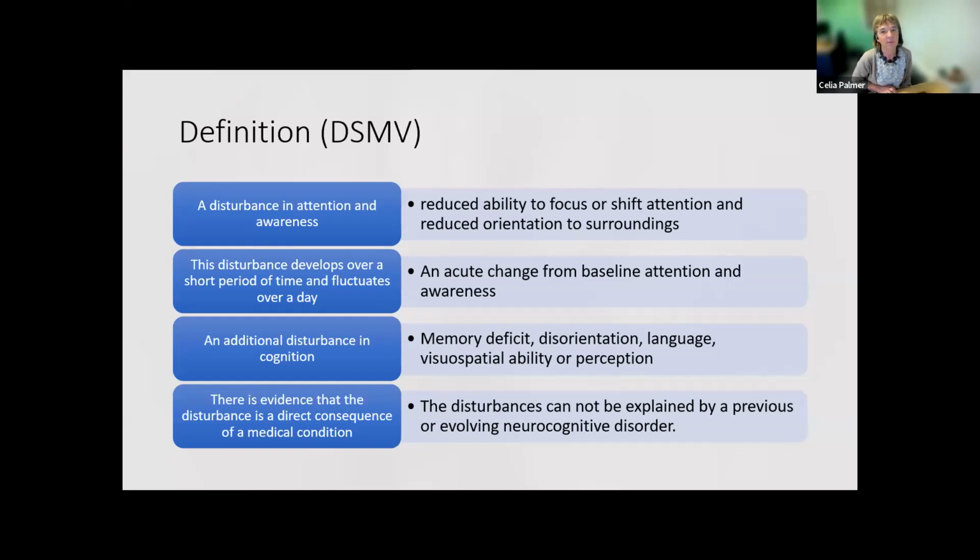So I can go and see somebody and they seem fine, and then half an hour, 2 hours later, someone else can go and see them and notice this change. There's usually also a disturbance in cognition, which might be something around their memory or their language or their perception of things, which might be something like a visual hallucination. And also there's got to be evidence that that disturbance is a consequence of a medical condition. So those are the technical terms for what a delirium is.